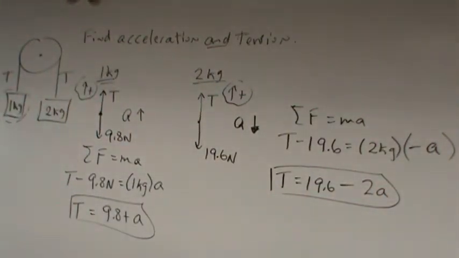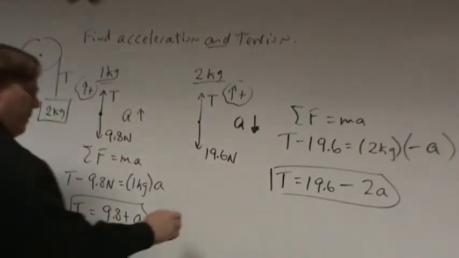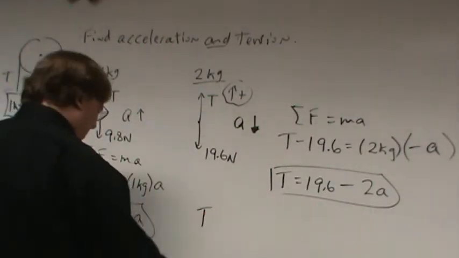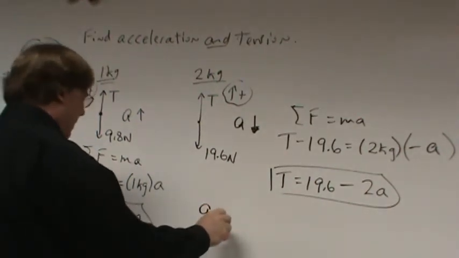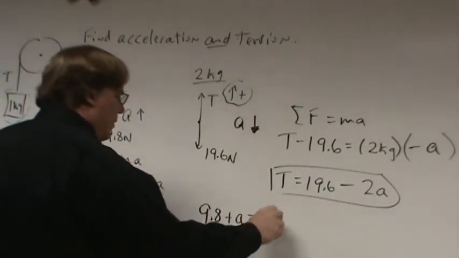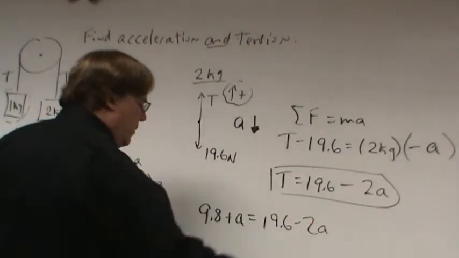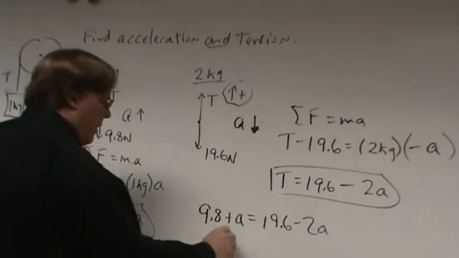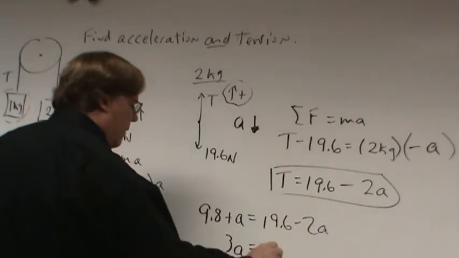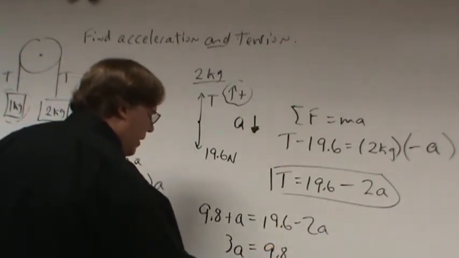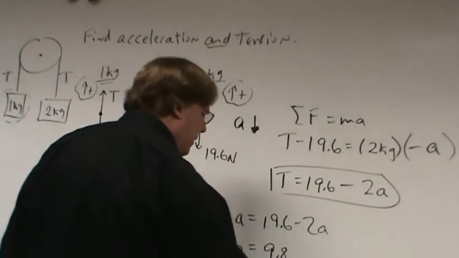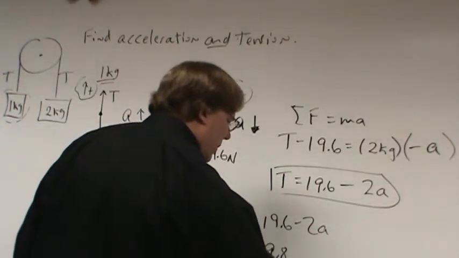Now I've got two expressions for T, so I'm going to set them equal to each other. I'm feeling pressed for time, so now I'm making mistakes. 9.8 plus A equals 19.6 minus 2A, or 3A equals 9.8, or A equals 1/3 of g, 1/3 of 9.8, which ends up being about 3.27 meters per second squared.